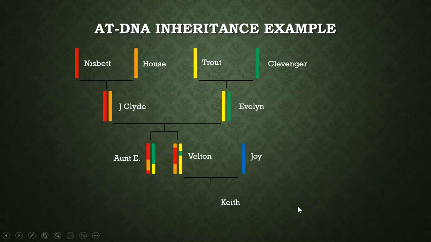So as an example, these are some names from my family tree. These are my great-grandparents here, surnames, and then my grandparents, Clyde and Evelyn. If we color the great-grandparents by different colors, they each had a paternal and a maternal copy that got passed on, and in this case, I've got solid colors here, just colored based on what they inherited.